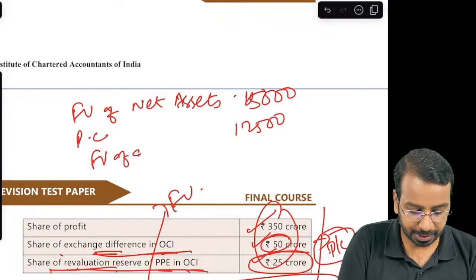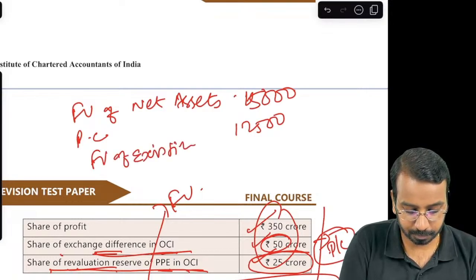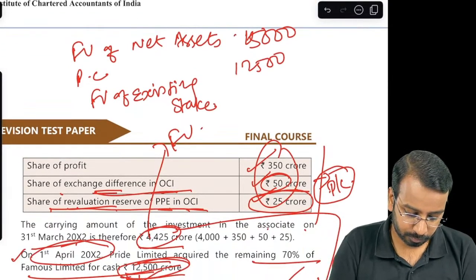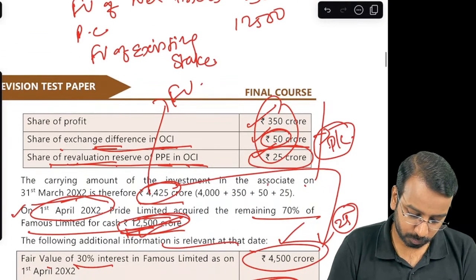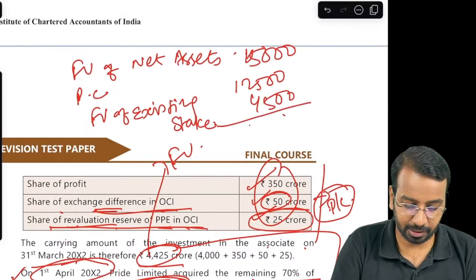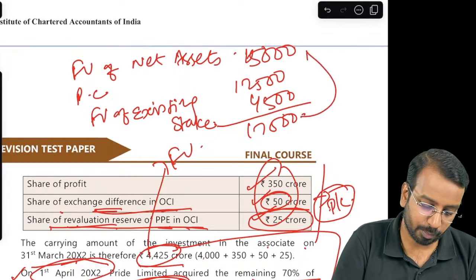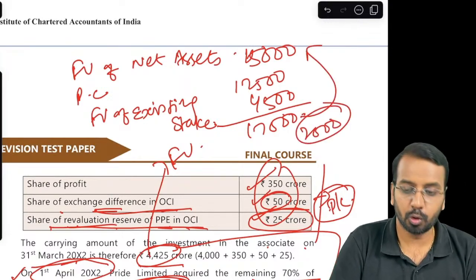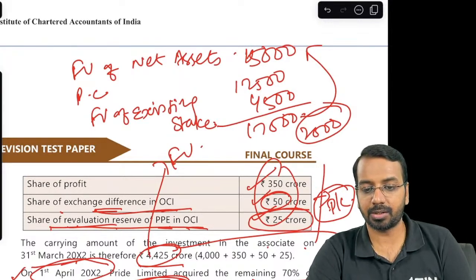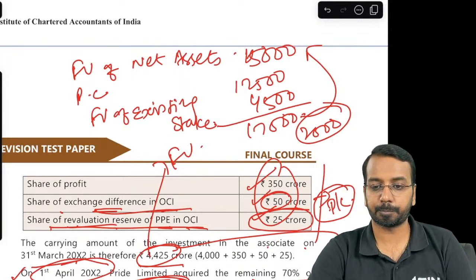Fair value of existing stake is 4,500 crores. So this is 17,000 crores as compared to 15,000, goodwill comes to 2,000 crores. So goodwill is 2,000 crores. Very simple and straightforward question. Right.